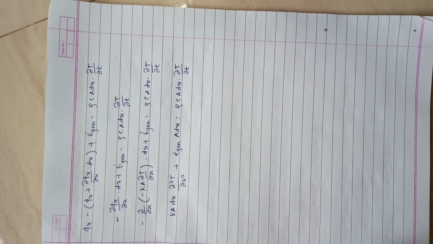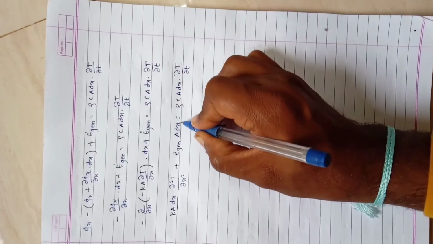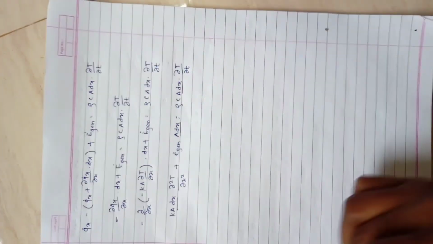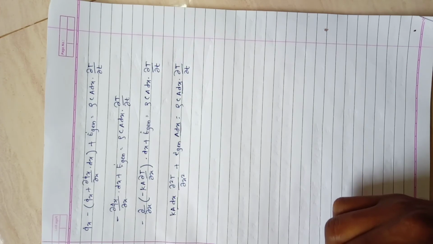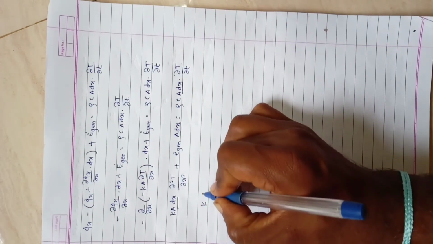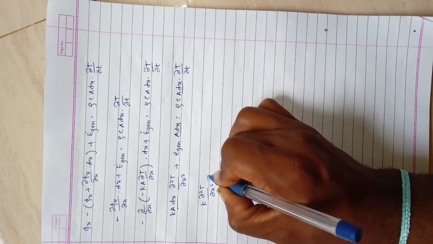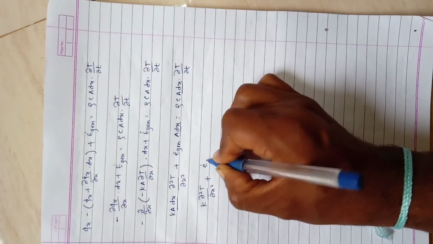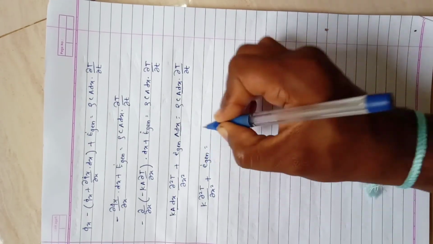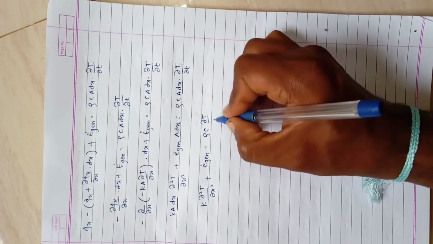Here capital T is for temperature and small t is for time. We have the volume as a common term in the equation, so we cancel it. We get K d square T by dx square plus E dot generation is equal to rho C dT by dt.